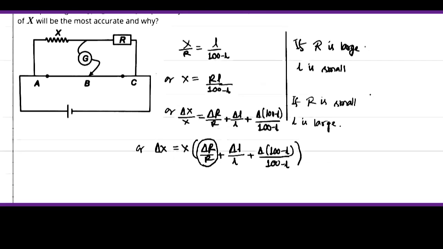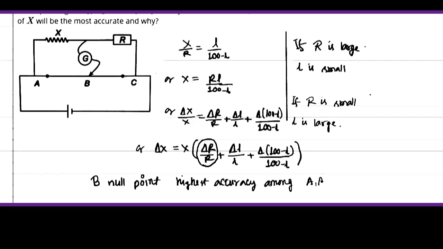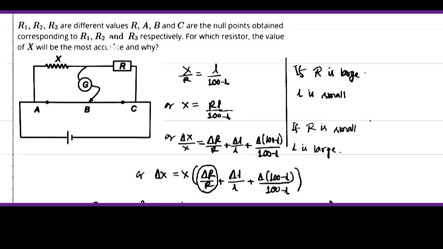Now one thing is clear from here: the balancing length should be somewhere in the middle, so that we get very good accuracy in measuring X. Now, the middle point among A, B, C is the point B. Therefore, B must be the null point for highest accuracy among A, B, and C. Now corresponding to point B, we have resistance R2.